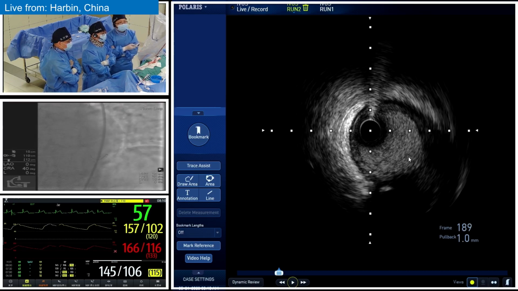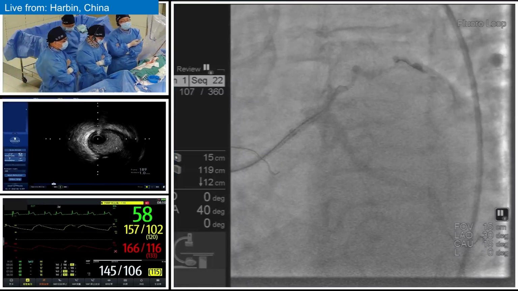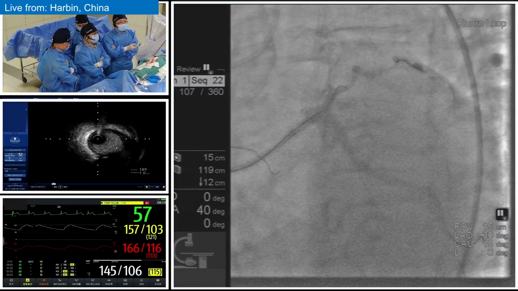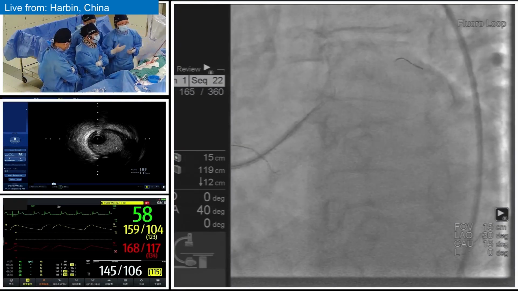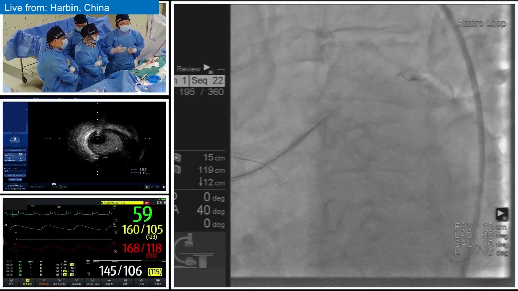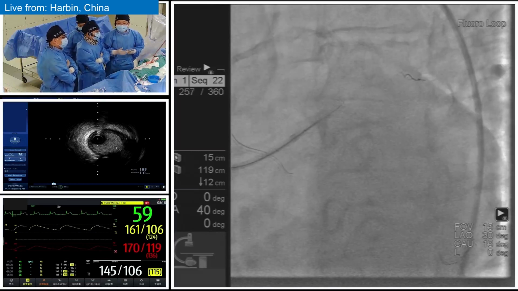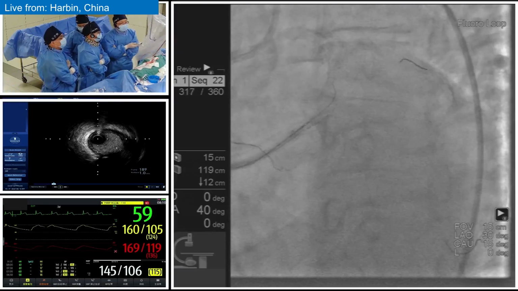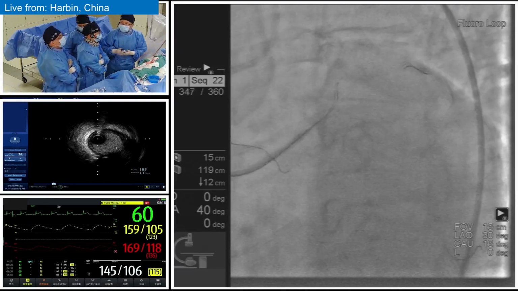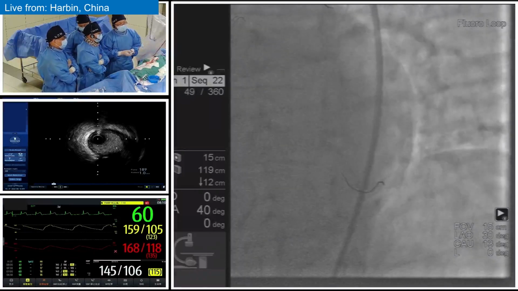Okay, let's go back to the PCI. So really, we use IVUS to make sure that the direction is right. The CT reconstruction already showed us the right direction. But how to make a stiff wire come into the proximal cap? There are some tips and tricks.